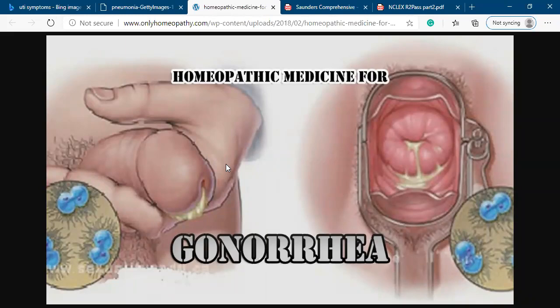If anybody is infected and has sexual intercourse without barrier method, the patient can get gonorrhea. You see pus discharge from the penis and also the vagina. If anybody has gonorrhea, the treatment is penicillin.